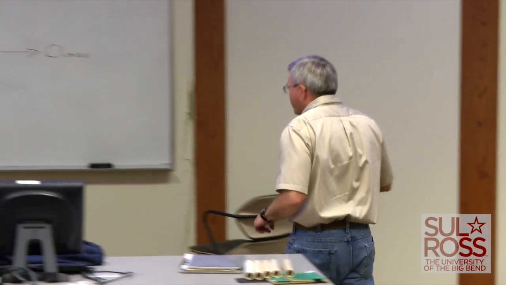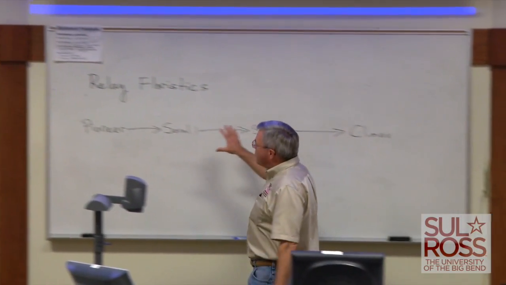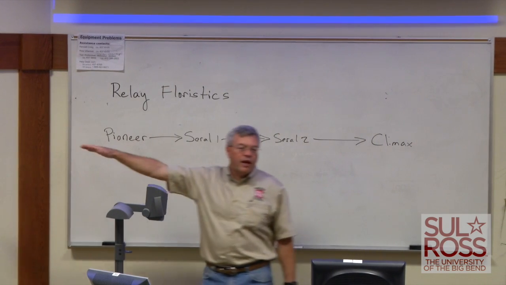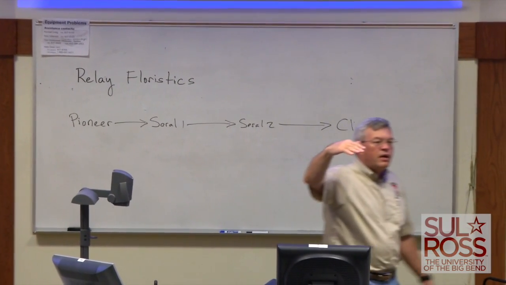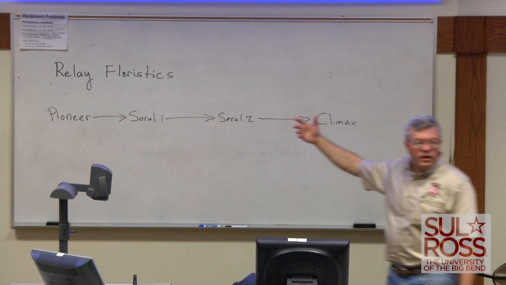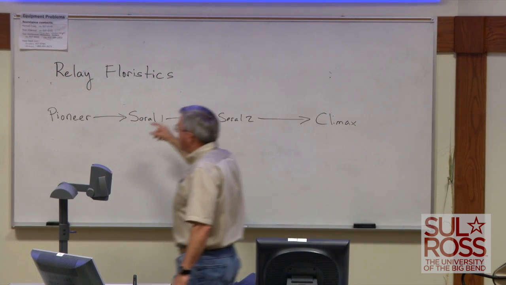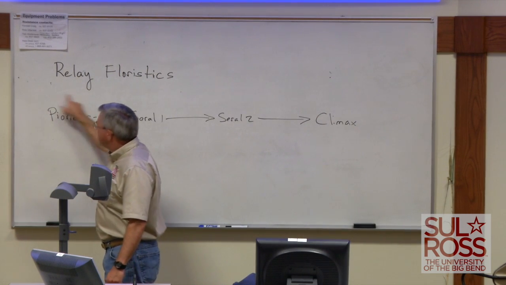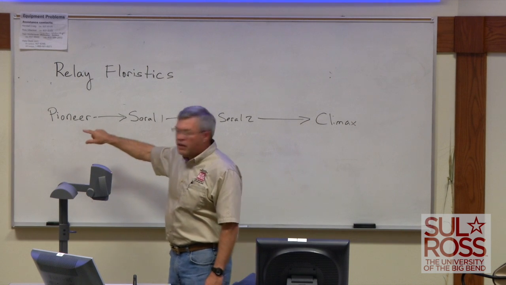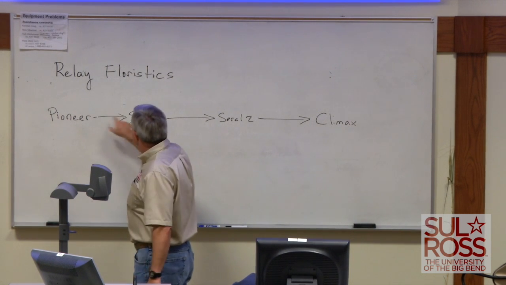For relay floristics, basically we have one plant community after disturbance. Say you have an old field that's been abandoned, and it's not hard to imagine that it gets occupied by a lot of weedy annual plants or those pioneer species. And then we have a relay.